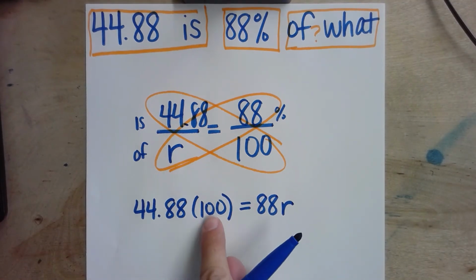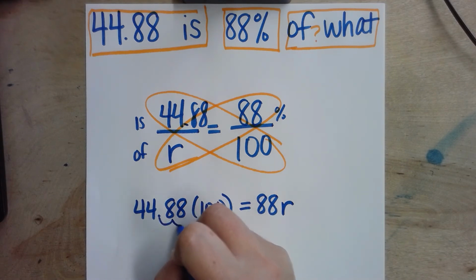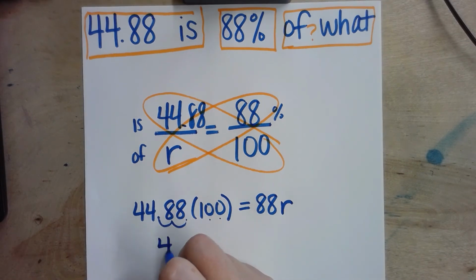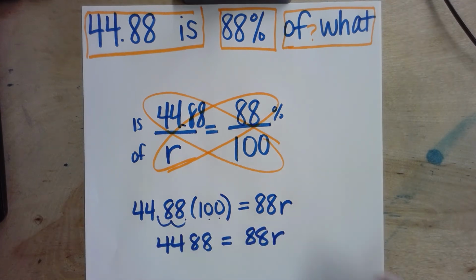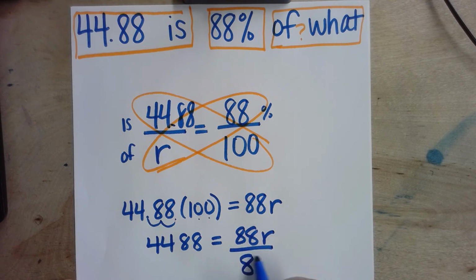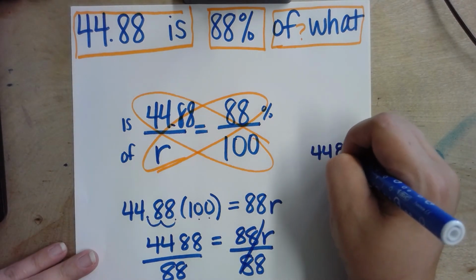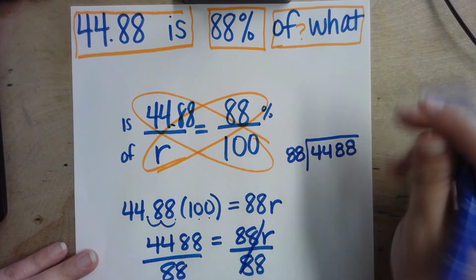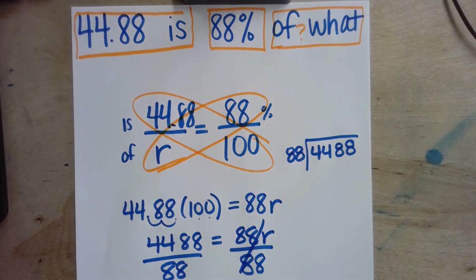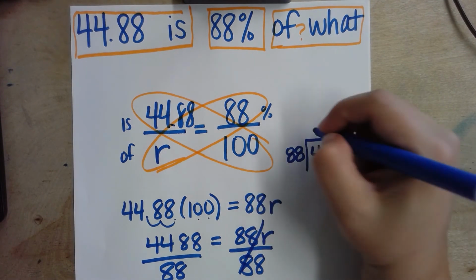When we're multiplying by 100, we're just going to move the decimal 1, 2 places. So that leaves us with 4,488 equals 88R. We're going to divide both sides by 88. I am going to have to jump over here and do this math on the side. 88 cannot go into 4.